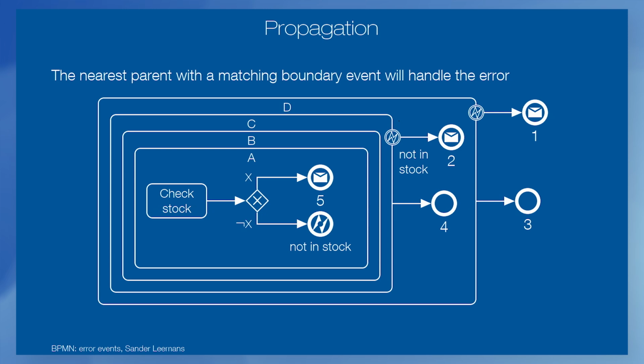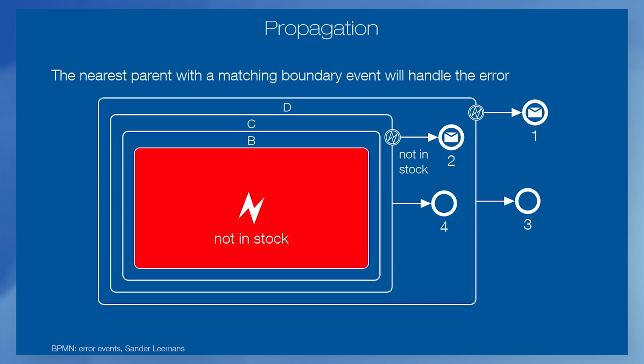This raises an error. That means that subprocess A goes in error mode. It is now in error, it's not doing anything. It's just propagating the error not in stock. This is subprocess A. As A does not have a boundary event that captures this error, B has to deal with it now.